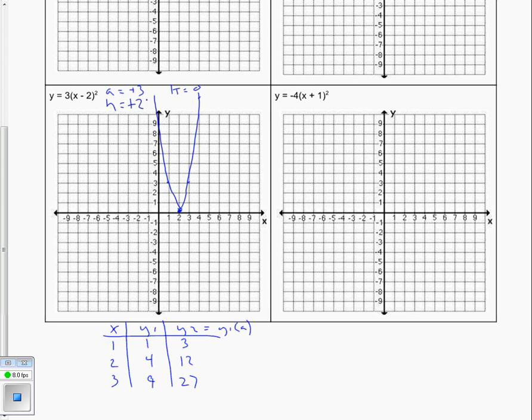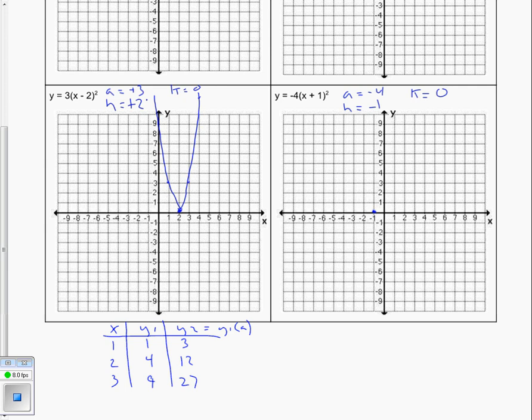And then finally, the last example that we have here, we've got an a value that is -4. We've got an h value that is -1, and a k value that is 0. Okay, so because the h value is -1, we can plot where the vertex is going to be. It's going to be at -1, 0. And similarly, because the a value is not +1, in this case it's actually a negative number, so it's going to be going down.